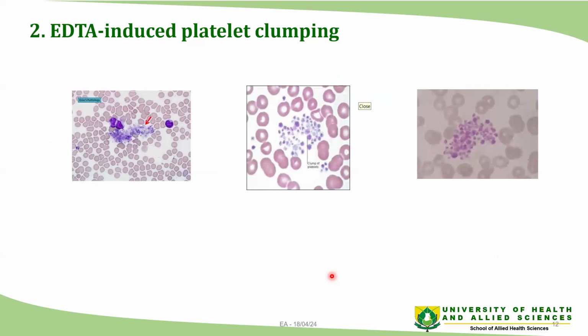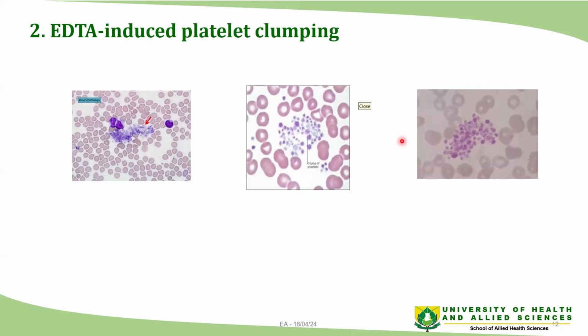Now, the second one is EDTA-induced platelet clumping. So over here, from these pictures, we can see a number of platelet clumps, which are as a result of the EDTA. However, you usually wouldn't see this happen if you take the citrate-treated sample.